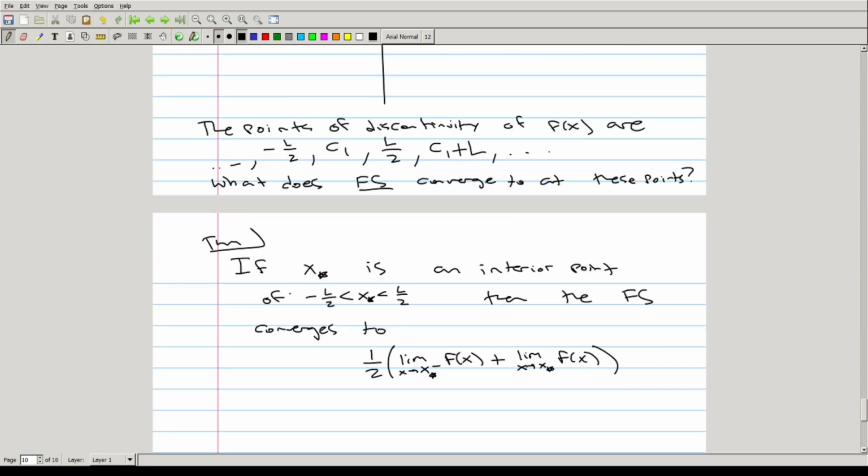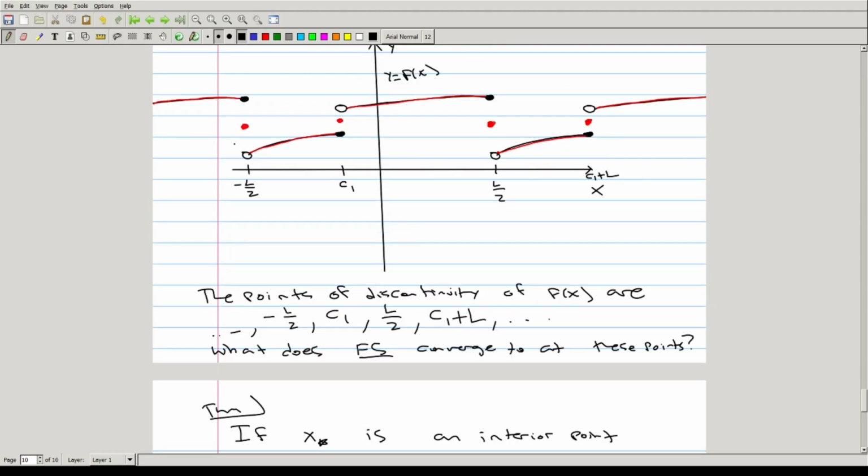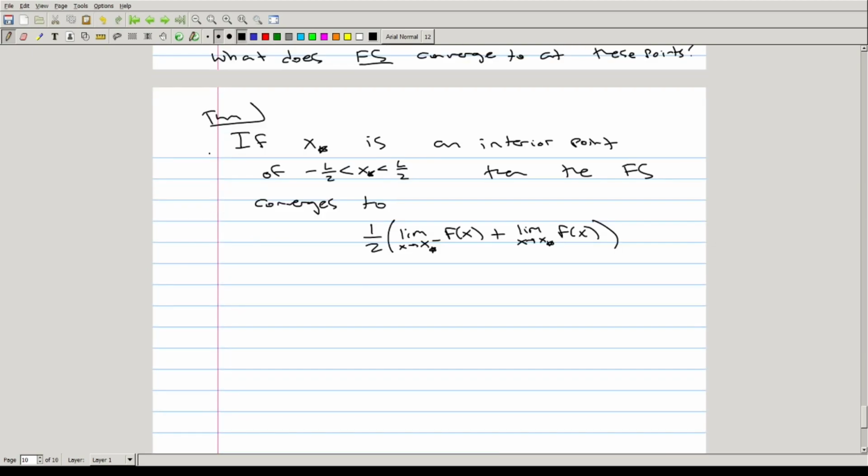And then the only other thing that we have to consider is what happens on the boundary, if there's a discontinuity on the boundary. And the idea here is the same idea.